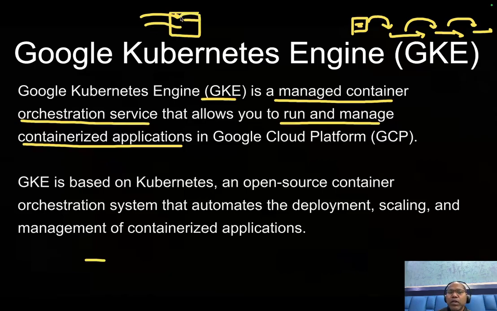These containers you can run, or you can get from a public repository. You can store them in maybe a Docker container registry. Google also has a container registry where you can store these container images, and anyone can download a container and start running it on a particular node.